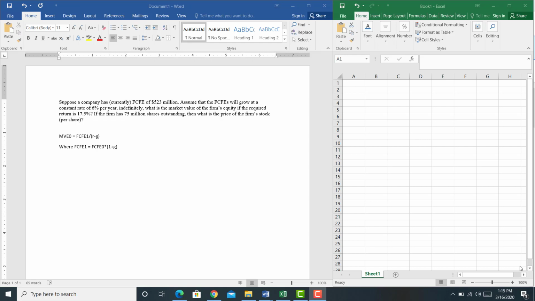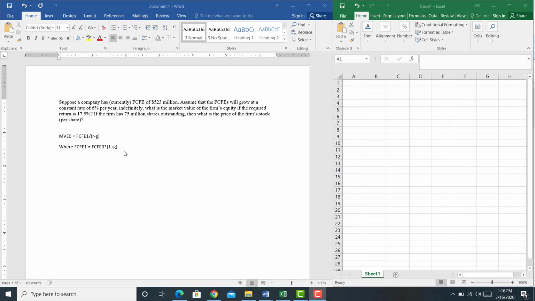Okay. So in the previous problem, we were able to calculate the market value of equity today. Recall that we're going to use the dividend growth model, or the Gordon growth model. We're going to substitute in free cash flow to equity holders next year for what would have been dividends per share next year. Instead of calculating the price per share today, we're going to calculate the entire market value of equity, or the market cap, today.